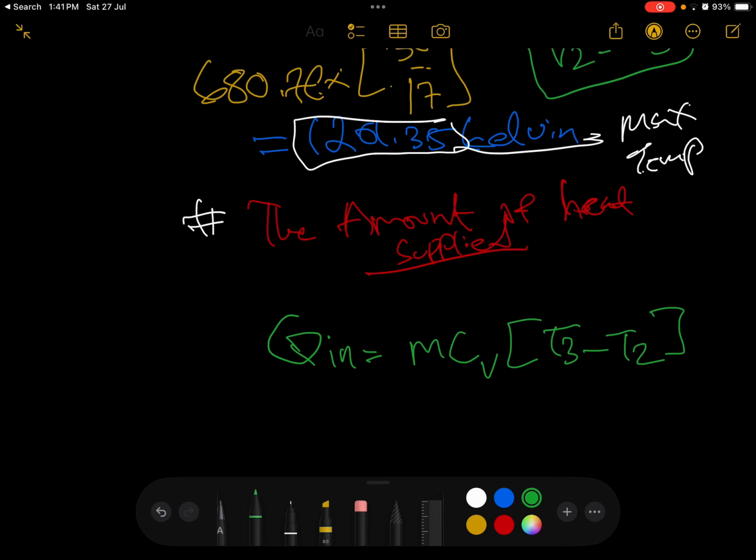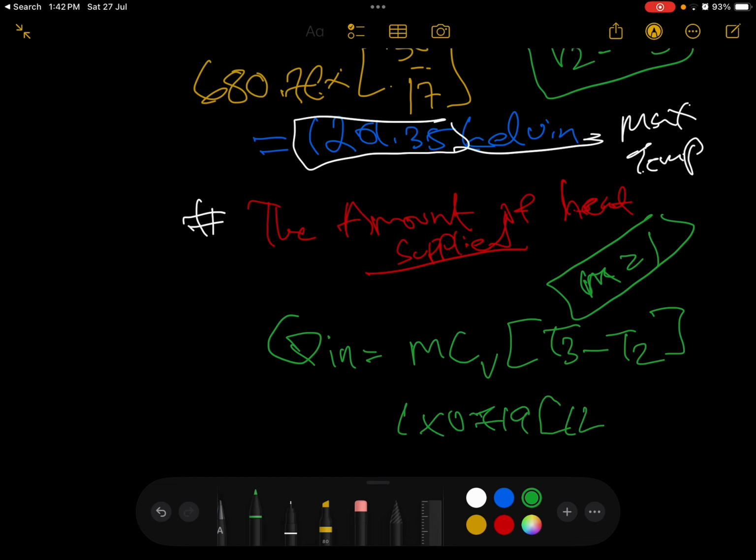For m equals 1, you can actually work it out without putting the mass, but you can do that too. I'm going to show you in the next video. So it's 1 multiplied by 0.719 multiplied by (1201 minus T2, 680.76).